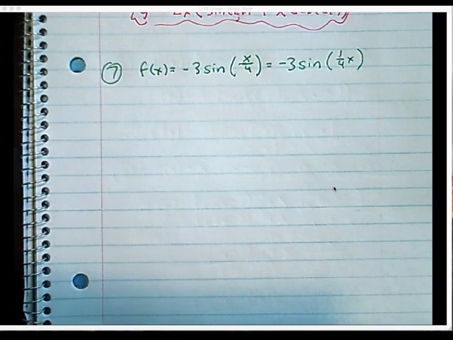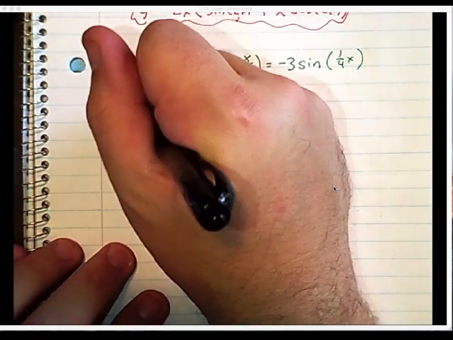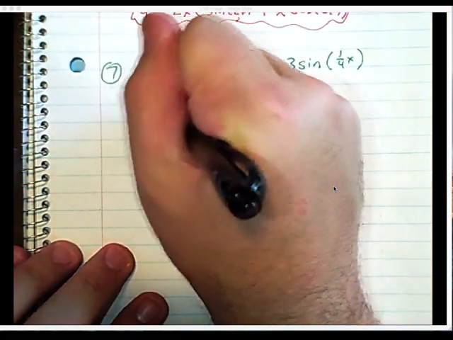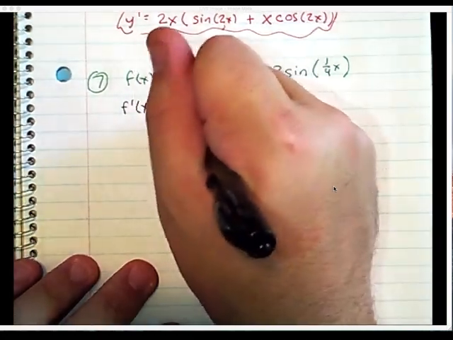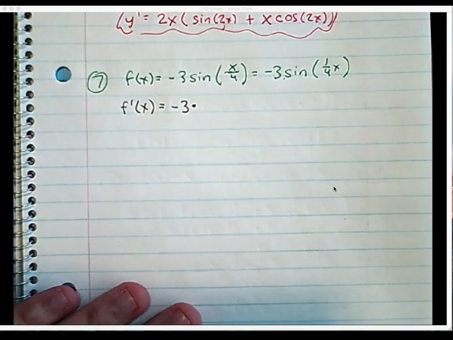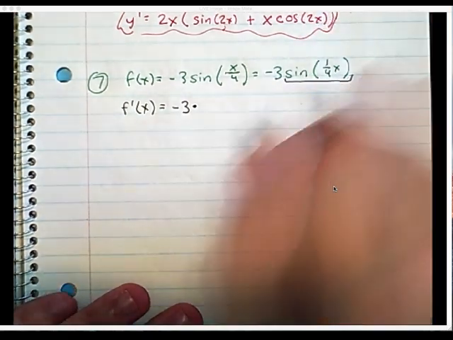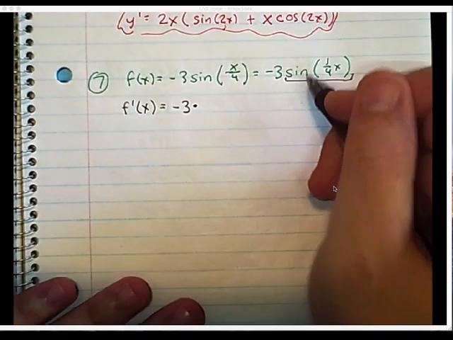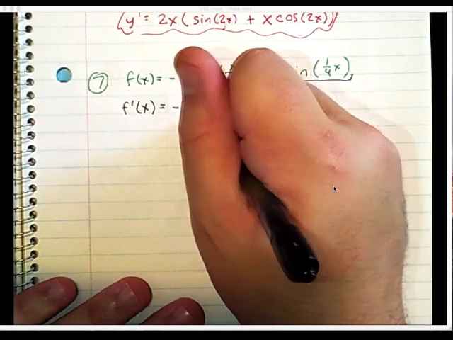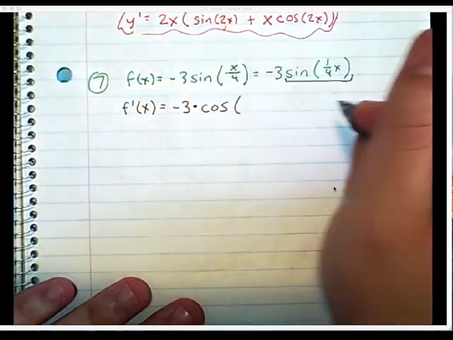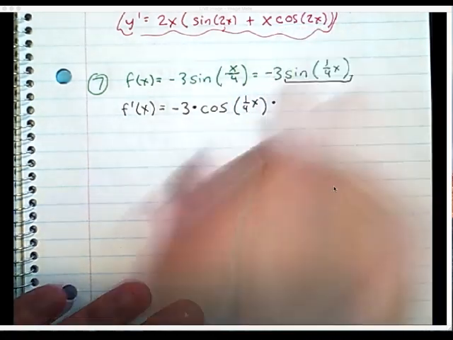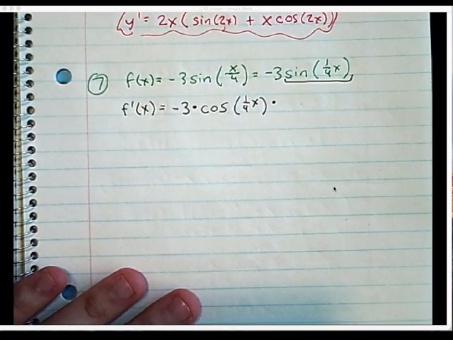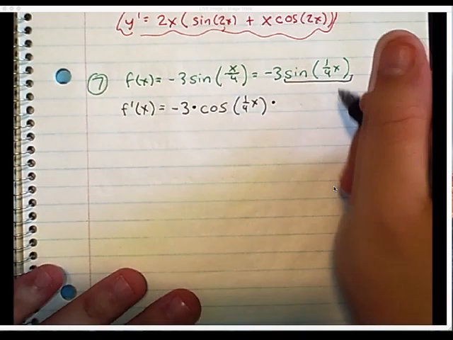Okay. Let's deal with the first derivative first. So f prime of x, negative 3 is a coefficient, it stays. To get the derivative of this, we have to use chain rule. Derivative of the outside, derivative of sine is cosine, of the inside, times the derivative of the parenthesis here.